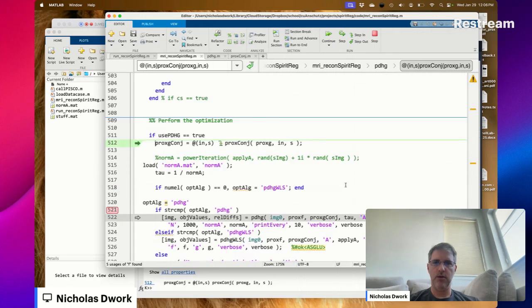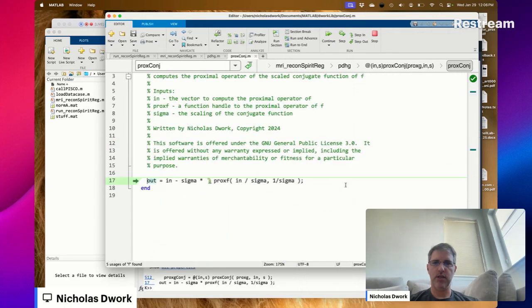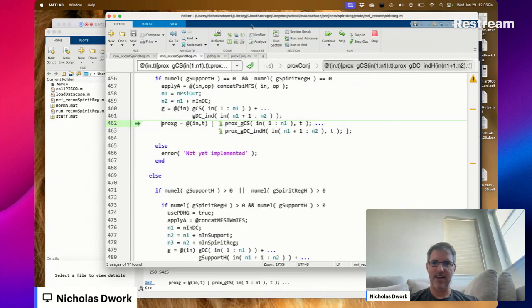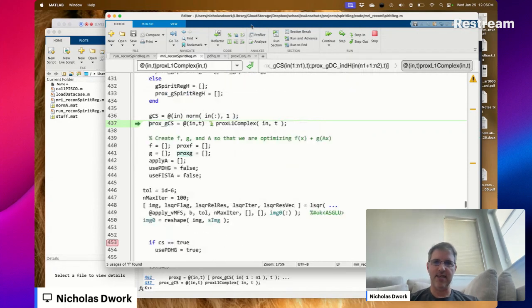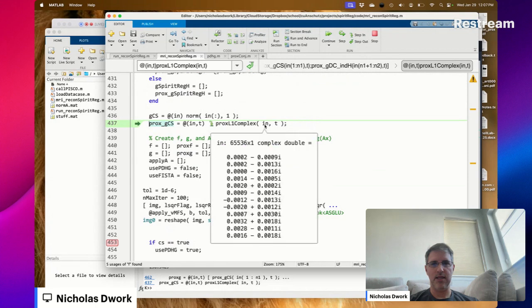Now let's do the proxcon. So we're going to take in minus the scaling times input divided by the scale with parameter 1 over sigma. What is 1 over sigma? 258. Prox L1 complex.